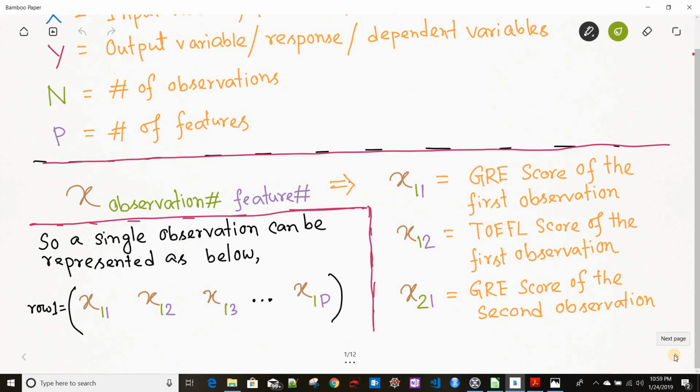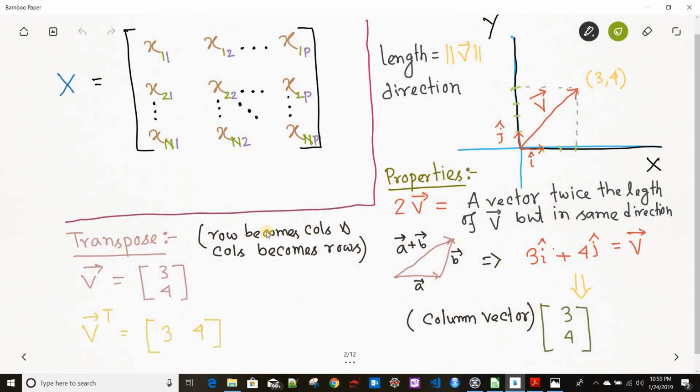If we want to represent the whole data set using the same notation, it will be a matrix, right? The first row will be like this, the second row will be x21, x22, up to x2p. That means each and every row will have p values, and each and every column will have n values, right?